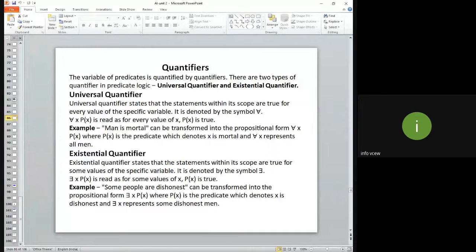Universal quantifier means the statement is true for every value. All the statements are true for all the values, but existential quantifier means it may be true for only some of the variables. Universal means you want to use all, existential means you want to use some. You remember that?